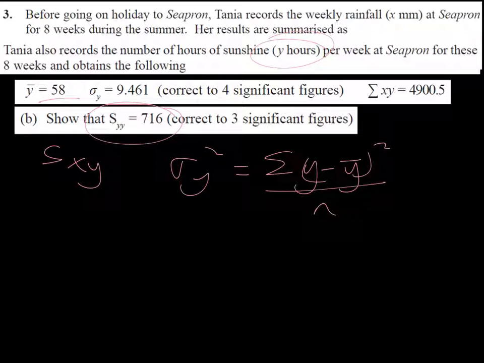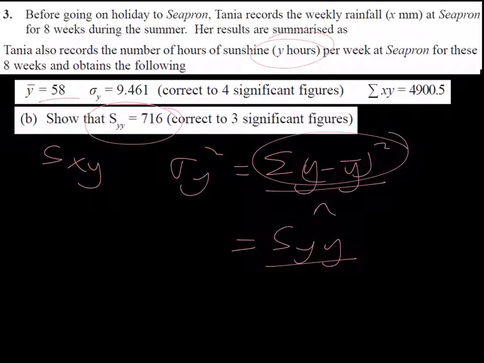Now, when we're looking at correlation, we replace the numerator here with different terminology, which is Syy. So it's the same concept, but when we're looking at correlation, we call it Syy. So that's going to be Syy over n is equal to the variance of y.